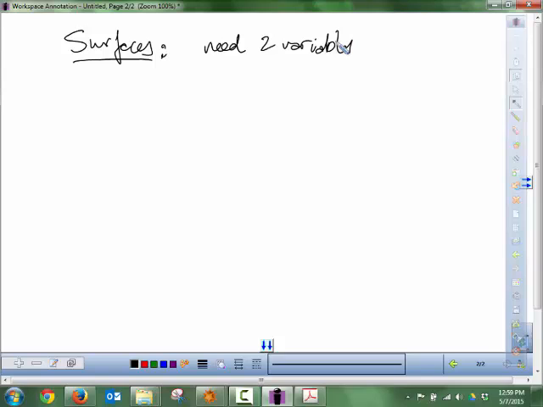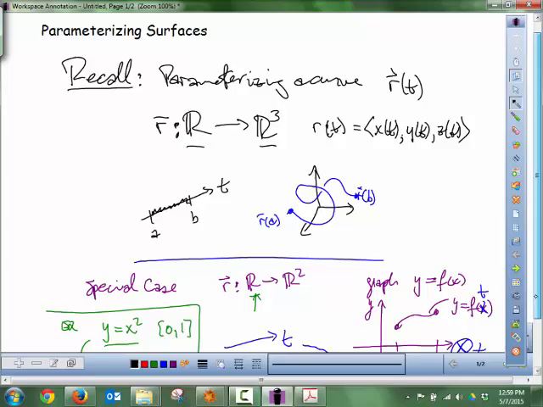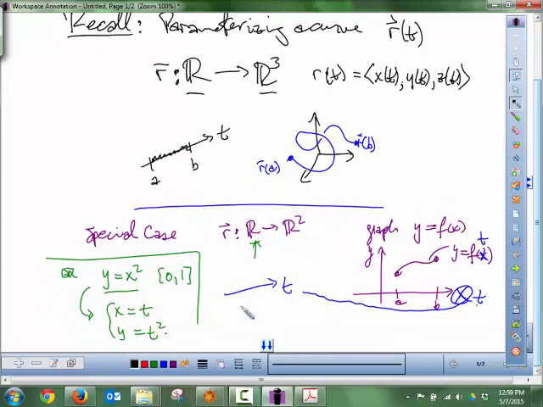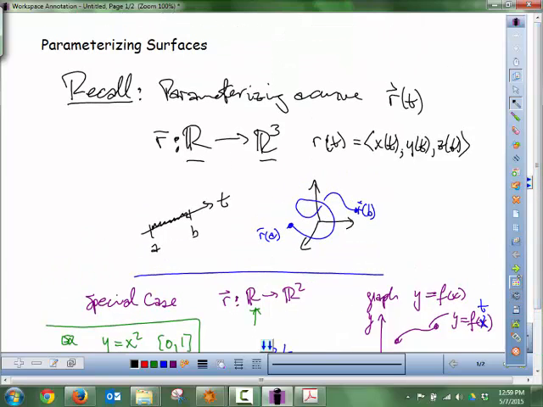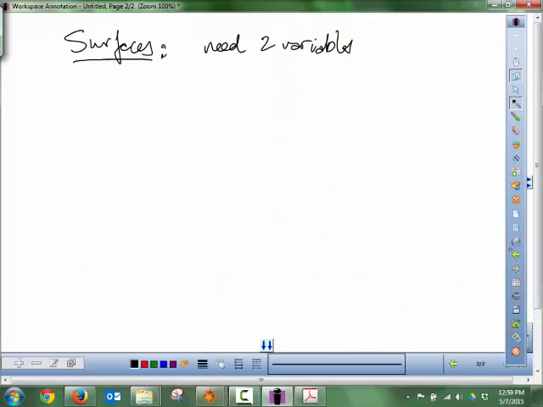All right, so given our special case from your curves, let's start with a special case for surfaces. Suppose you had a surface z is equal to f of x, y.